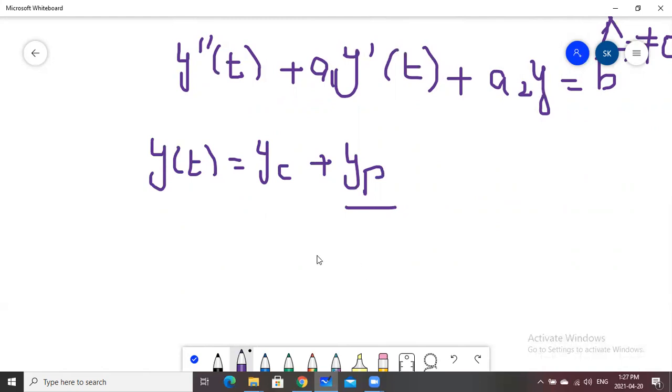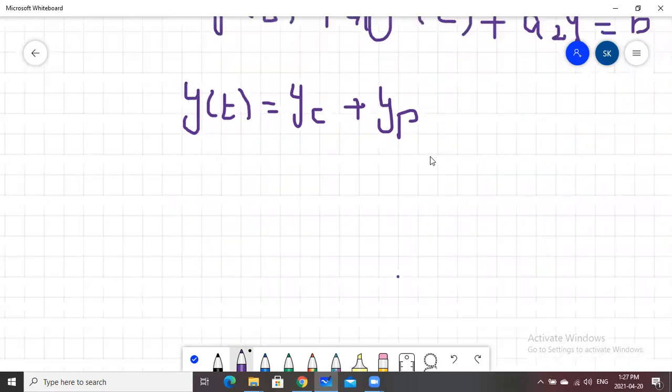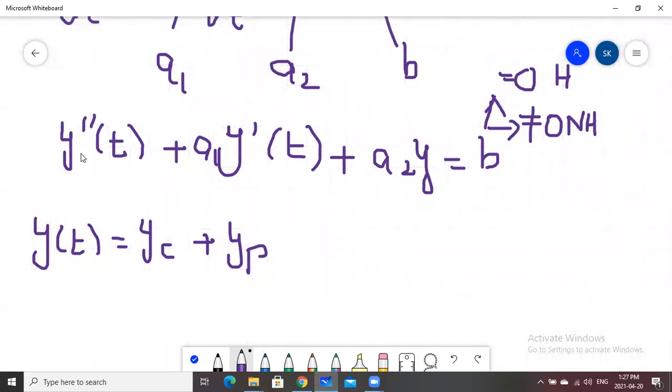Now how to find yp? Let's find yp. Suppose we have that same function, y double prime of t plus a1 y prime of t plus a2y is equal to b.